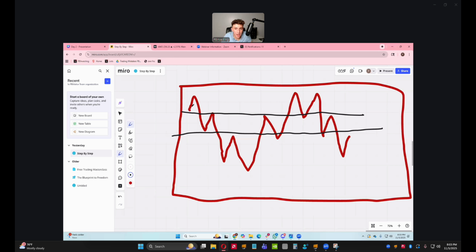So look, do you see how here we have a support? Then you break under it, it turns into a resistance. Support, break under it, turns into a resistance. Resistance turns into a support. So look, I have a question for you guys.